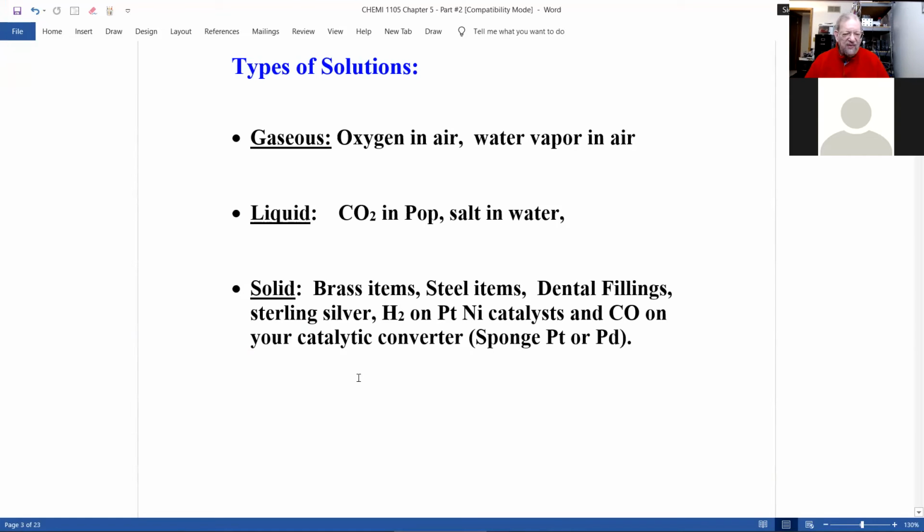So solutions can be a gas mixture, a liquid homogeneous mixture, or a solid homogeneous mixture. But most of the time, people think of liquids when they think about solutions, but it's not always.